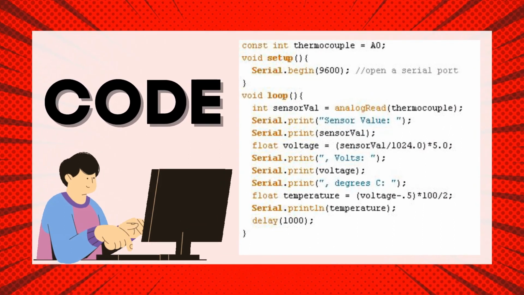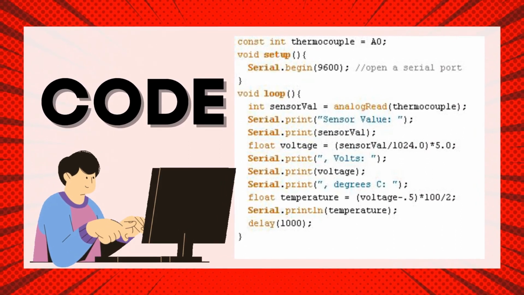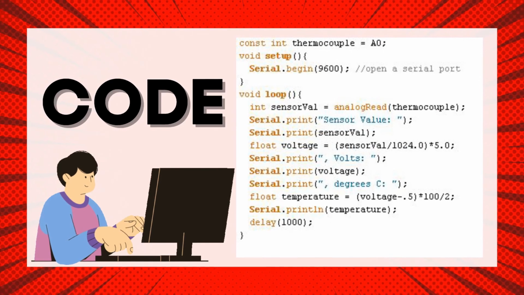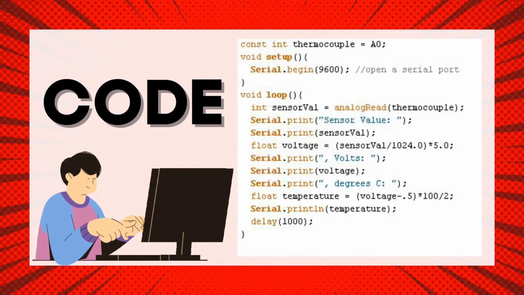So this is the code that you're going to use. To explain the code, the output from the analog TMP36 sensor will be read by pin A0 through the command analogRead, to be stored in an integer variable, sensorVal. So sensorVal will have a value in the range from 0 to 1023.